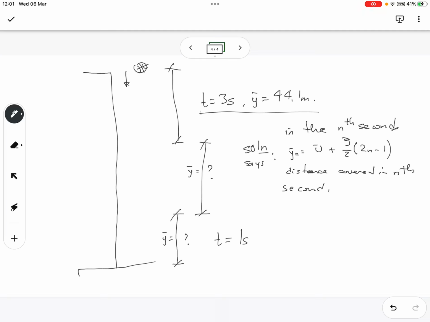But I think that this equation is not entirely correct, for the simple reason that it doesn't look so right.